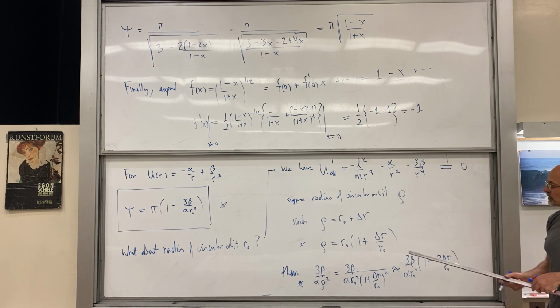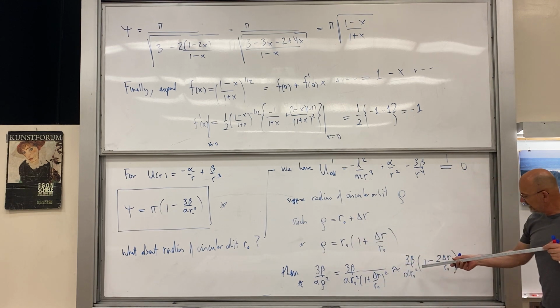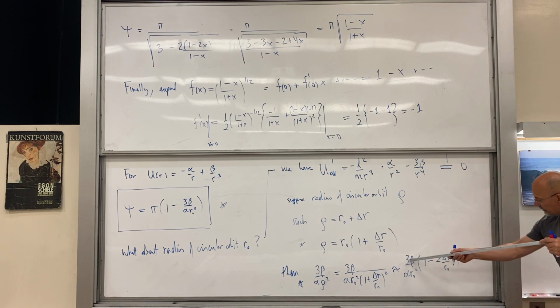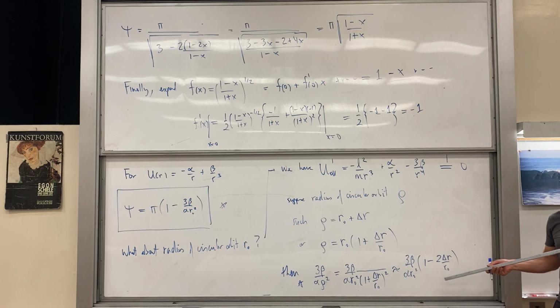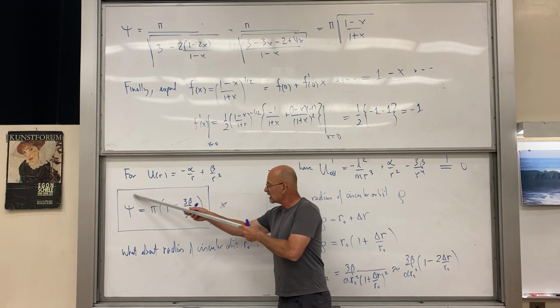Okay. So you go into this expression with this, and this is already small. The product of this and this is much smaller. So that's why this is legitimately a good answer.